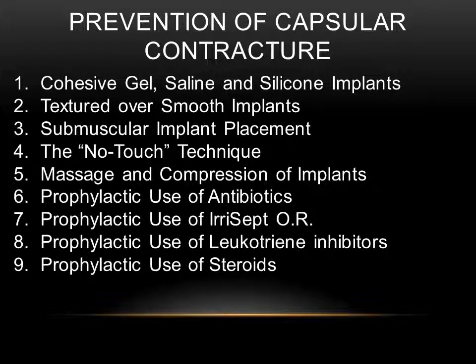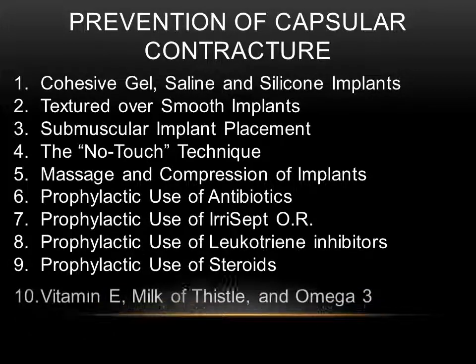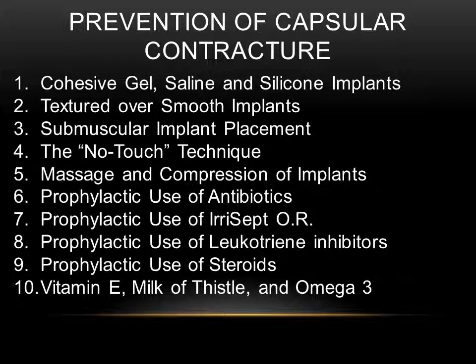Number nine, the prophylactic use of steroids. Number ten, the postoperative use of vitamin E, milk thistle, and omega-3. And in special cases, to include reconstructive surgery, repeated capsular contracture management, or in thin patients, the use of grafts.